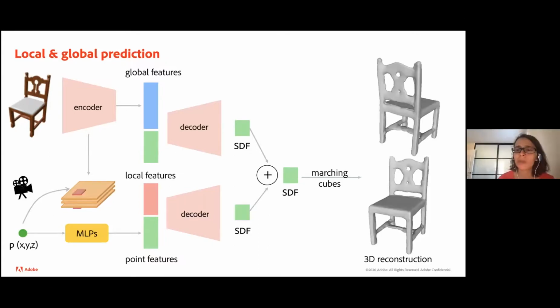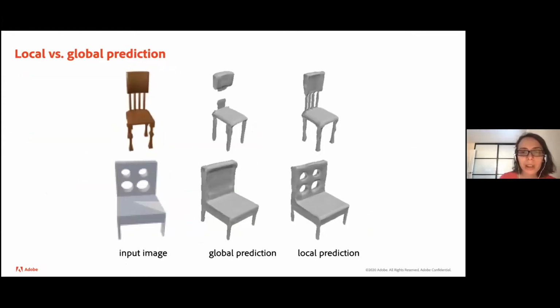And here is what you get as output. As you can see, we start getting much more detail compared to the previous version. Here are some additional examples: given the same input image, the predictions using just global image features versus the predictions using both global and local features. In the second example especially, you can see that we can even reconstruct the holes pretty well.